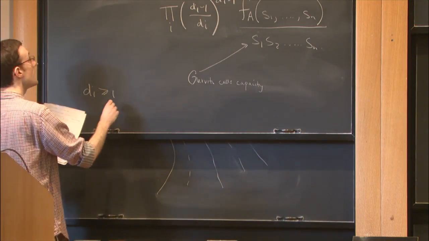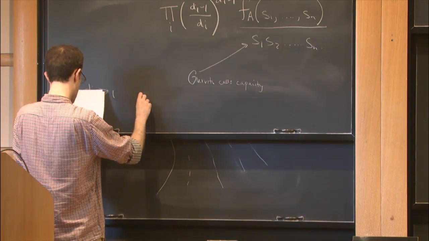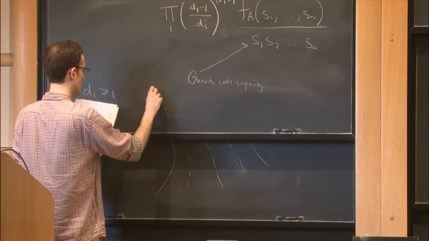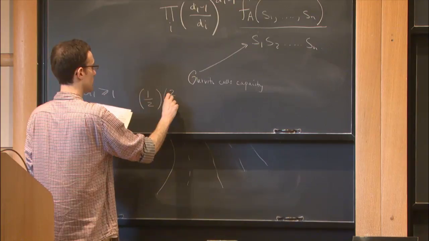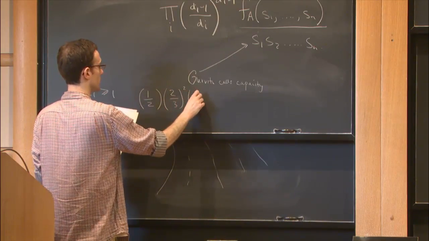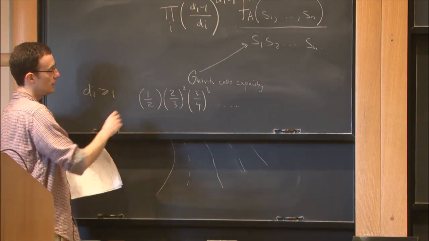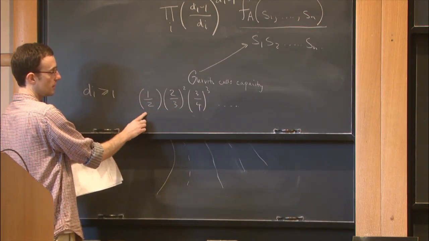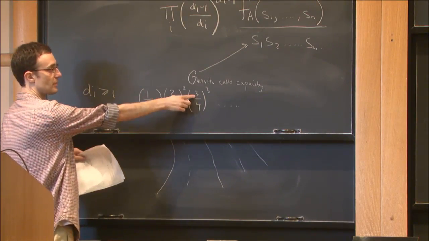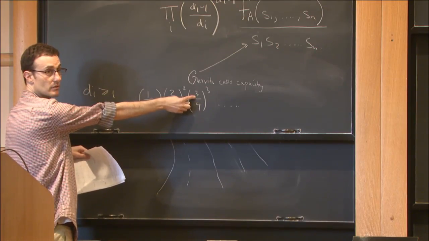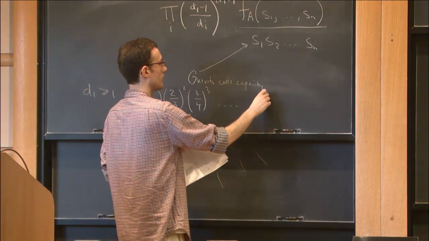And so what this says is that you get 1/2 times (2/3) squared times (3/4) cubed, and so on. Everything on the bottom cancels with something on the top, but leaves one of them. So this gets you an n factorial.